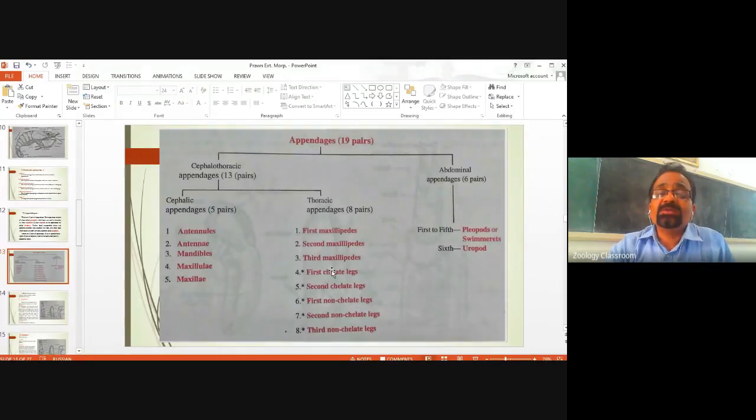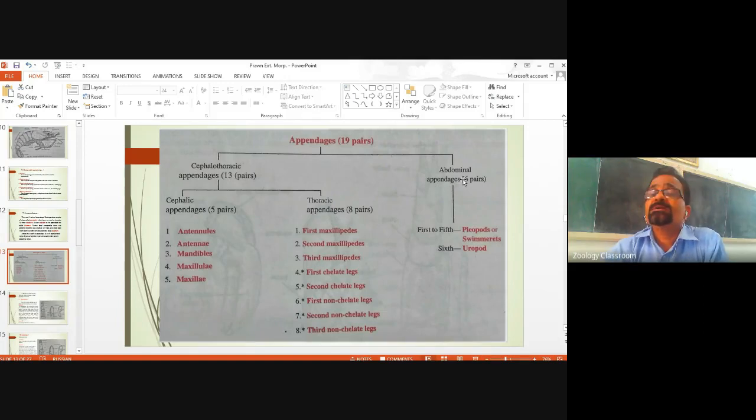The rest are 1, 2, 3, 4 and 5, the 5 pairs of walking legs. That's why in order Decapoda, 5 pairs of walking legs are present. How these legs differ from one another, which one is typical, and how many segments they have, we are going to study later on.